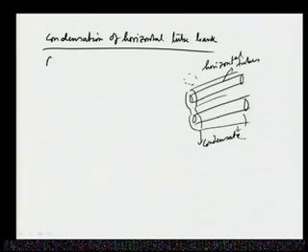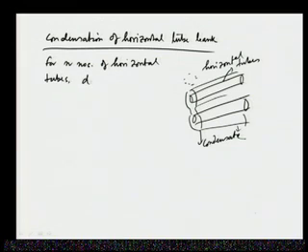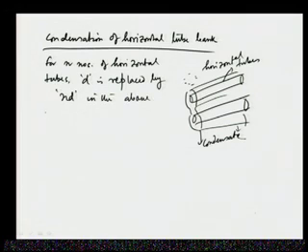For N number of horizontal tubes, D is replaced by N D in the above equation.